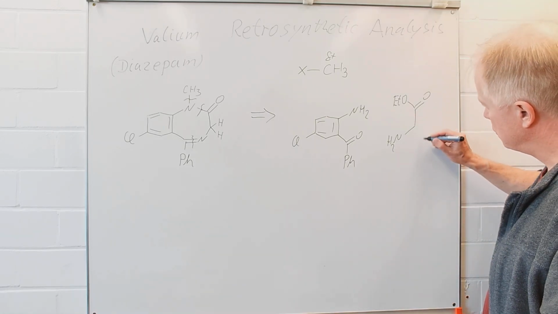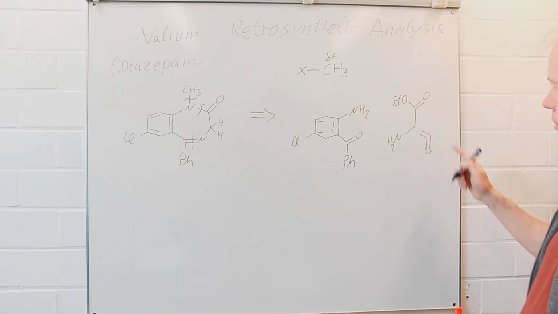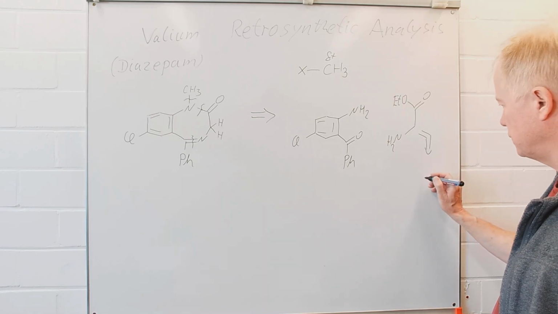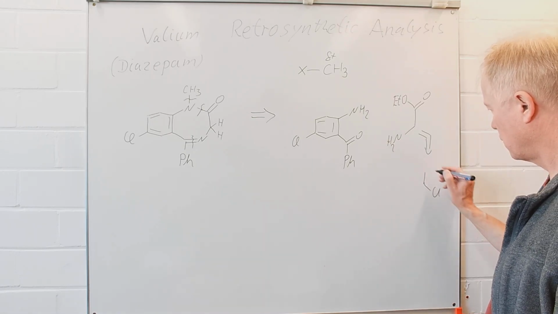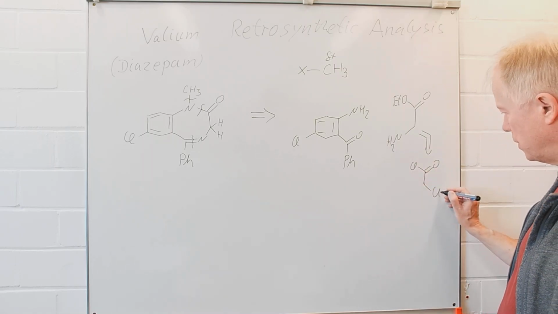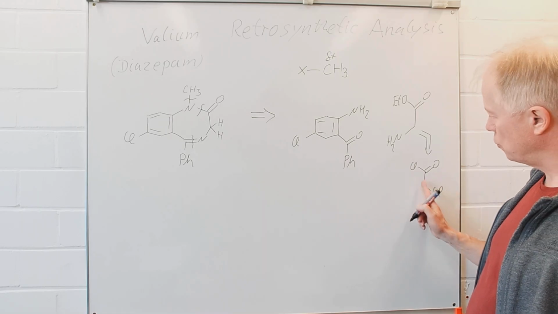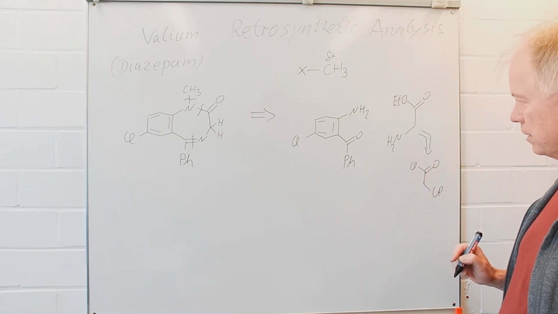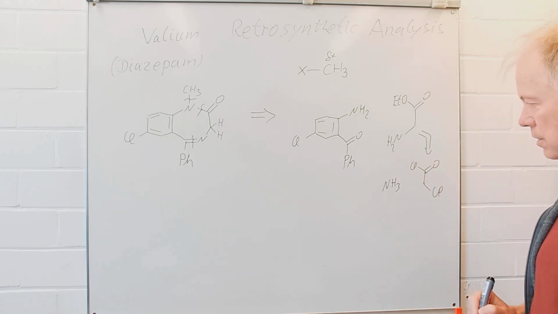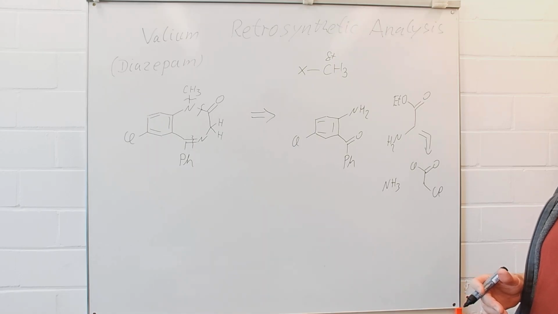Of course, we could also go further back. If we don't want to apply an aniline derivative, we could also start with chloroacetic acid chloride and having in between somewhere ammonia as another reagent.